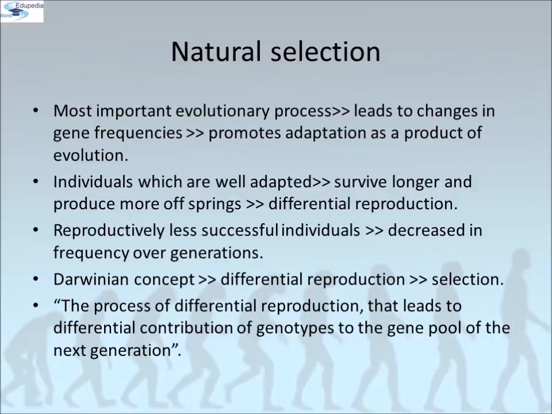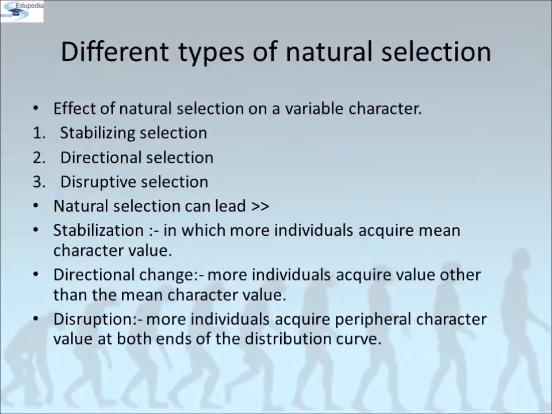According to the Darwinian concept, the survival and fertility mechanisms that promote differential reproduction are known as selection. The process of differential reproduction that leads to the differential contribution of genotypes to the gene pool of the next generation is called natural selection.